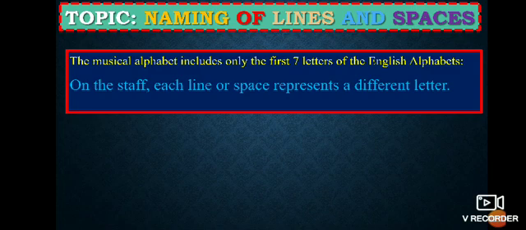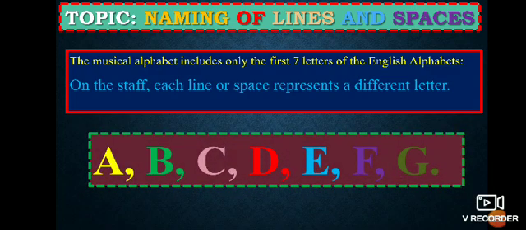The naming alphabet includes only the first 7 letters of the English alphabet. We are using the first 7 English alphabet letters to name the lines and spaces, whether treble or bass clef. On the staff, each line or space represents a different letter.